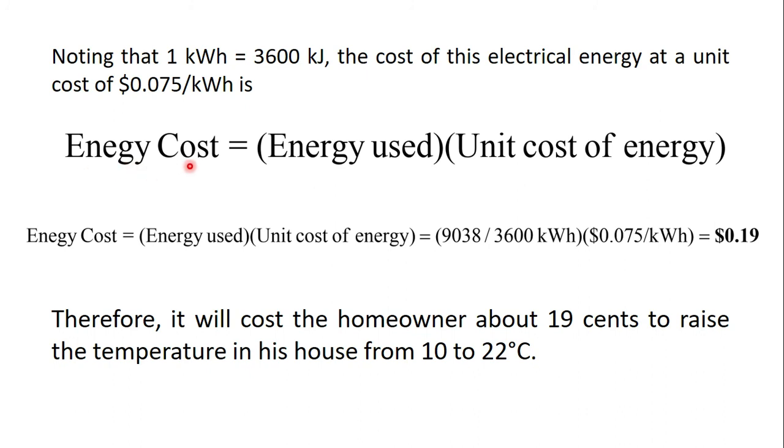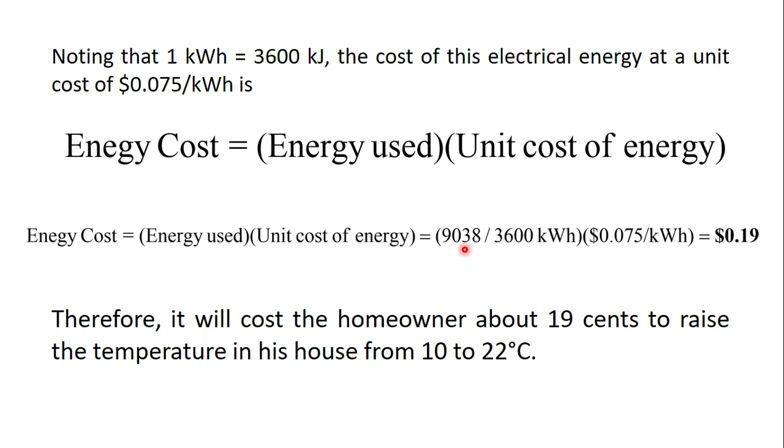So this is energy cost. The formula is the energy used that you have calculated in the previous slide, and the unit cost of energy. In the previous slide you have determined this value 9038, and the units were kilojoule.